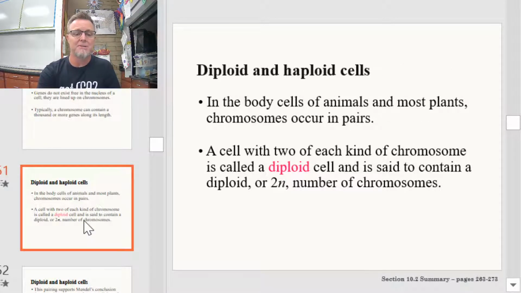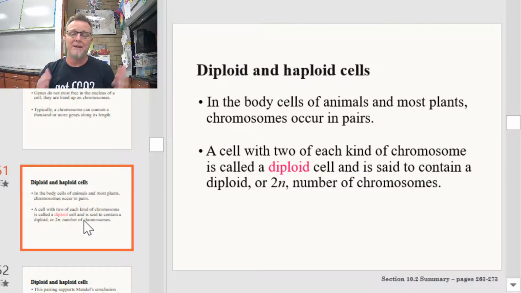Now, you may also remember that we talked about two terms in that other video, diploid and haploid, okay? Your body cells are considered diploid cells because they have both sets of homologous chromosomes that you've inherited from your parents, right?